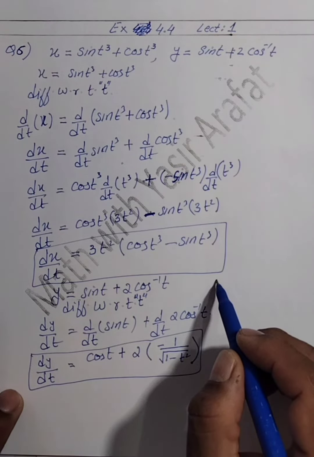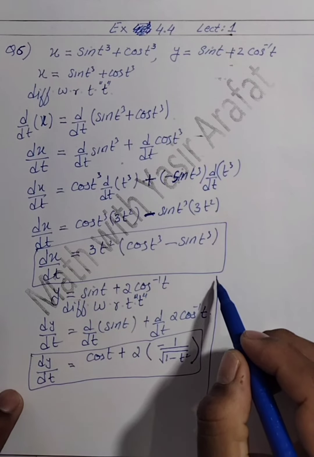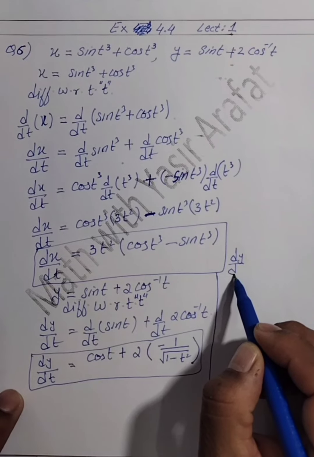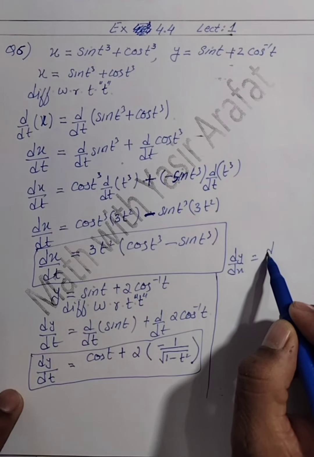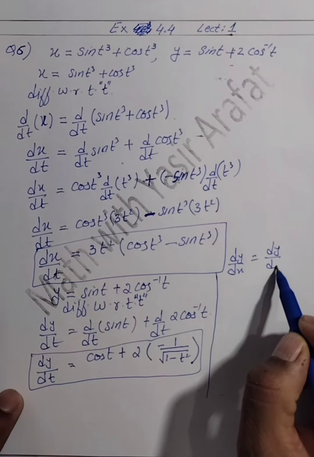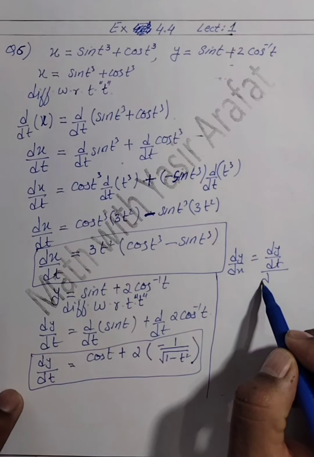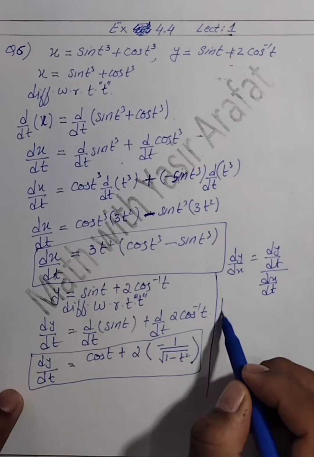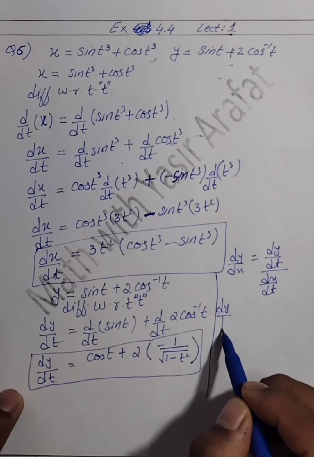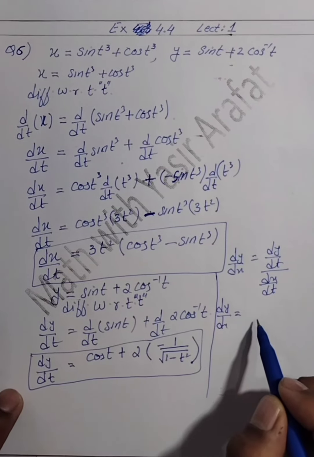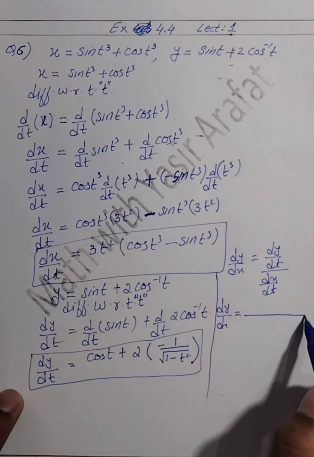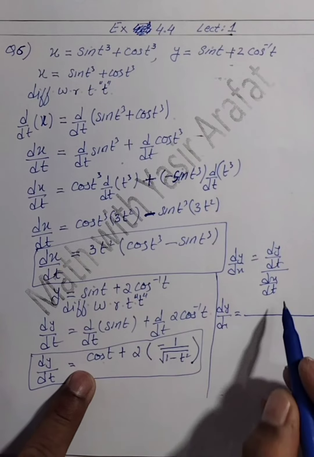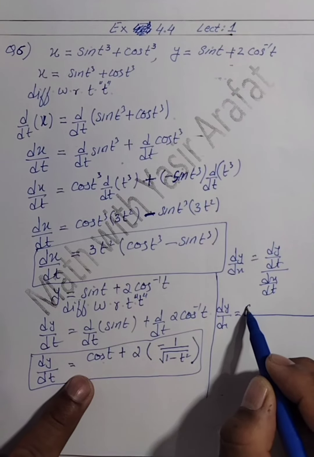So this is the derivative of the second equation here. We have to find dy over dx, that can be written in this form, dy over dt whole divided by dx over dt. So this is dy over dx. So this is the value of dy over dt. So we just have to put its value here.